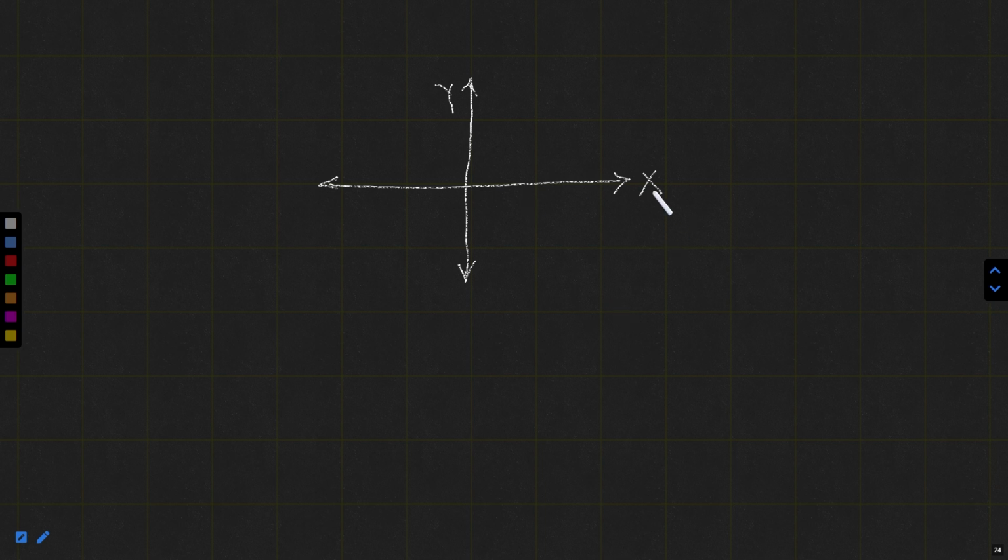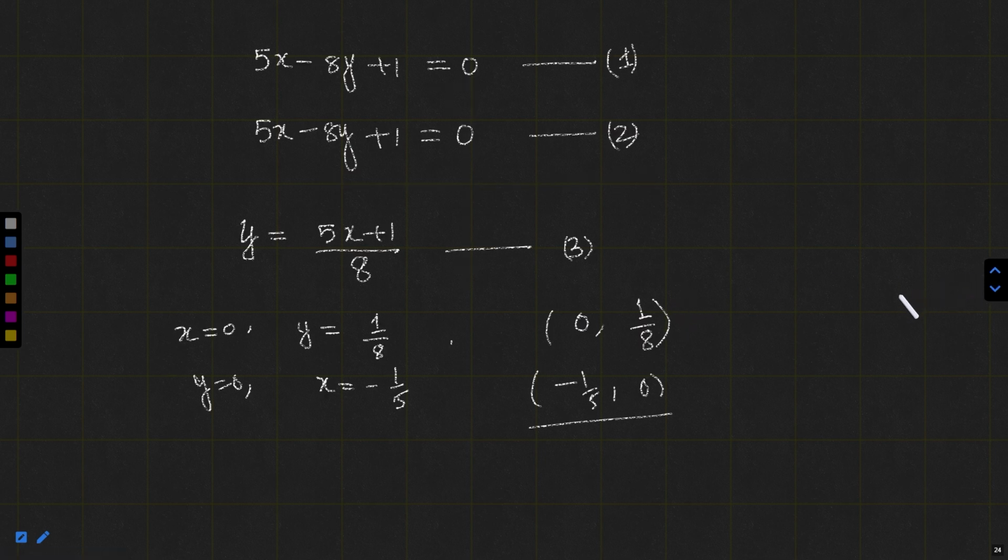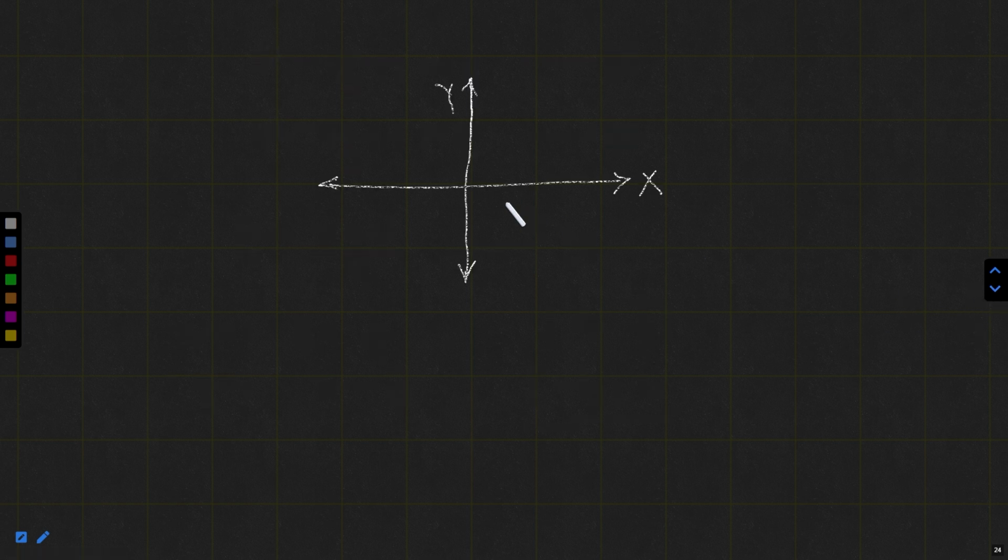Here we get these 2 points, 0 comma 1 by 8 and minus 1 by 5 comma 0. The point 0 comma 1 by 8 basically will lie on the y-axis, so suppose here we take the point 0 comma 1 by 8.